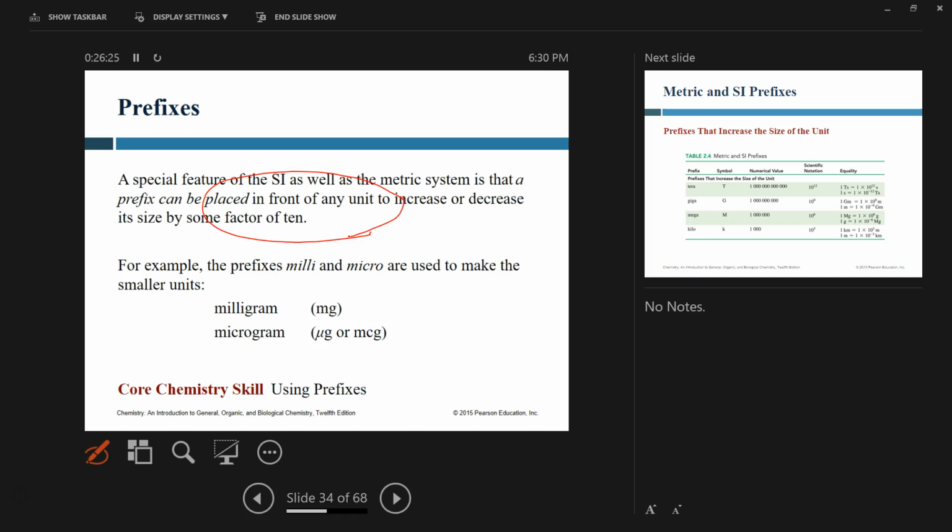Realistically, in your chemical calculations, in your patient analysis, you're going to use kilo, so up to 1,000. You're going to use down to micro, which is 10 to the power of negative 6, 1 millionth.